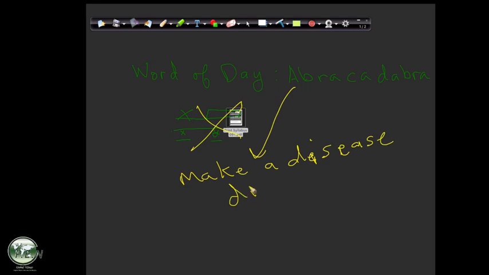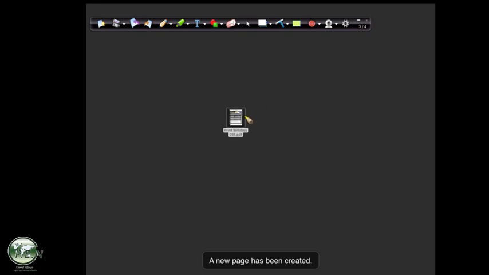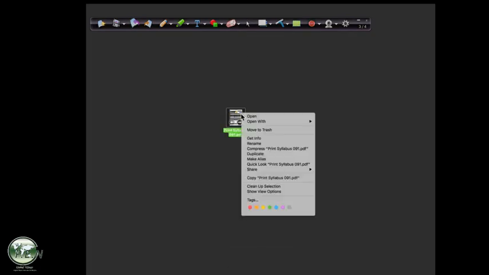Disease, disappear. It's Latin. Interesting. Wow. See, you learn something new every day, even if it's not math. Okay? Cool. Clear that off. Let's see, how can I get rid of that thing? Oh, I know. Click that. I'm going to move that to the trash. We don't need it. Okay.